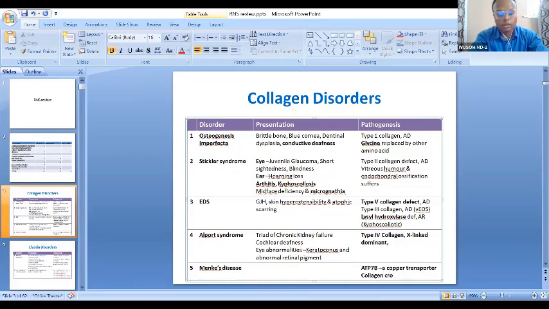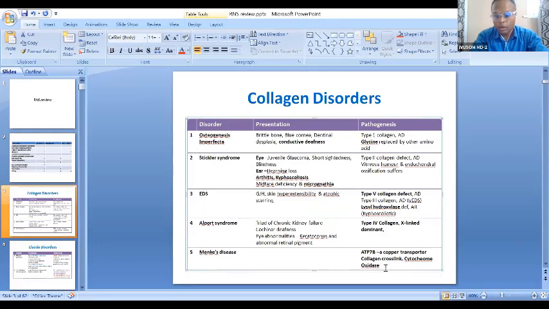And there are other functions of copper. It is part of cytochrome oxidase. That is very important for your brain, because brain depends on very high energy.